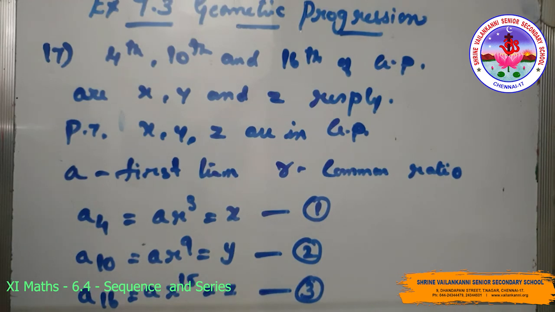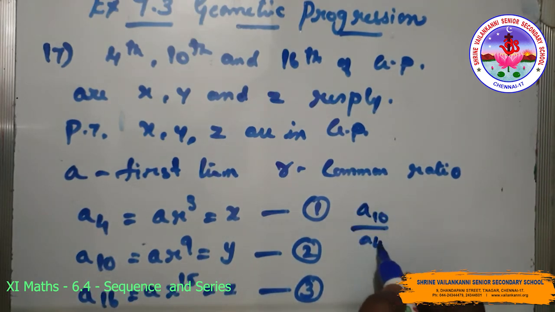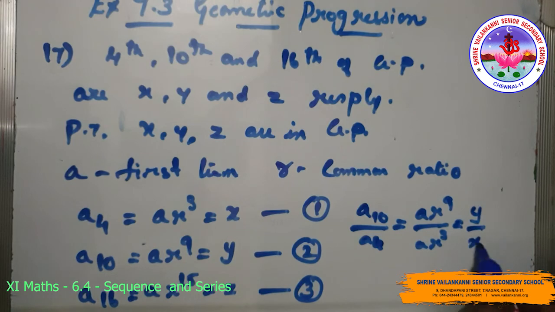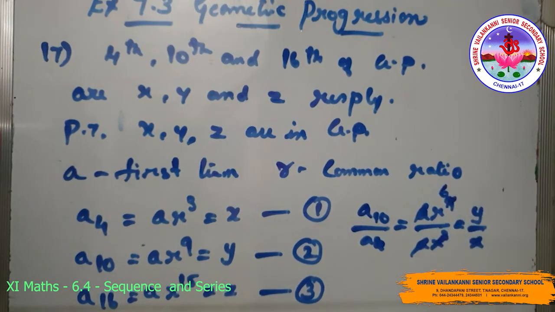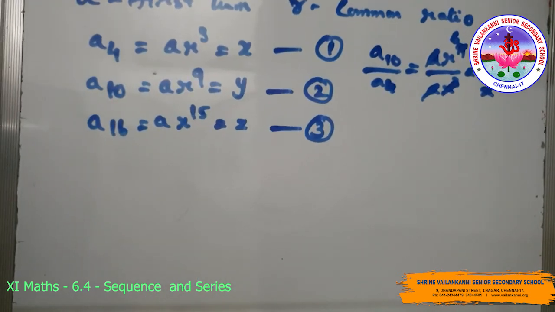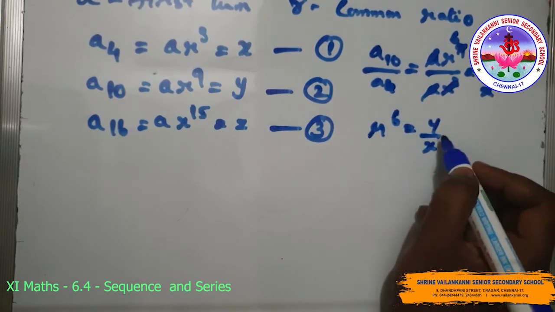So on dividing 2 by 1, so A10 by A4 which is equal to A r power 9 by A r power 3 which is equal to y by x. Cancelling this, we get 9 minus 3 which is 6, r power 6 equal to y by x.